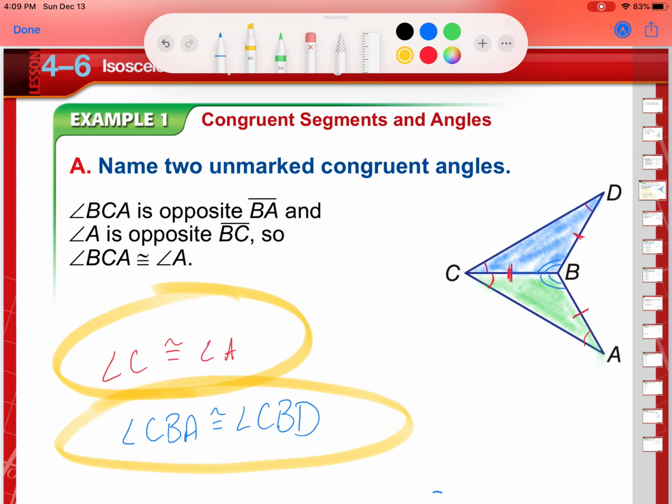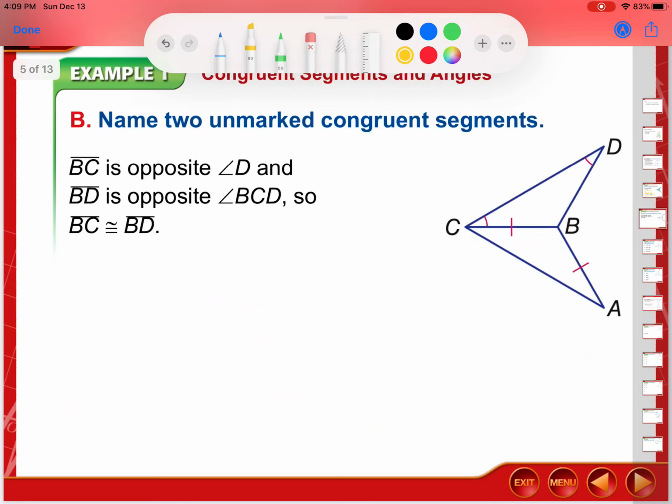So long story short, easy answer, angle C is congruent to angle A. Slightly harder but also correct answer is angle CBA is congruent to angle CBD.